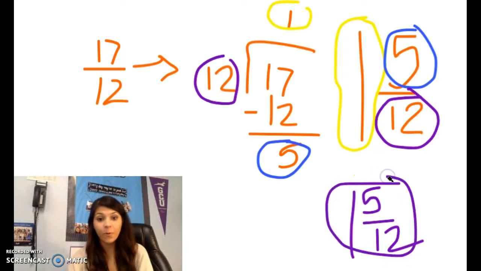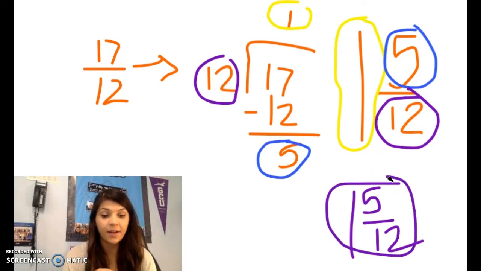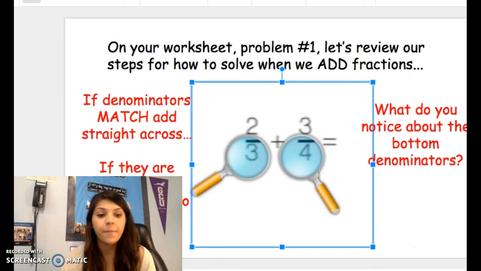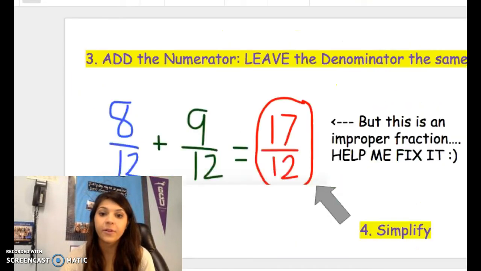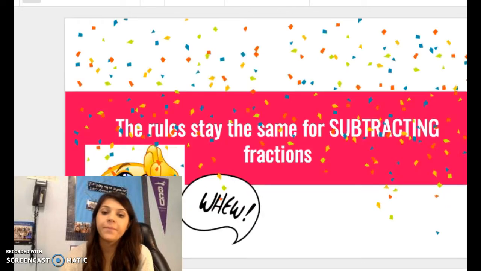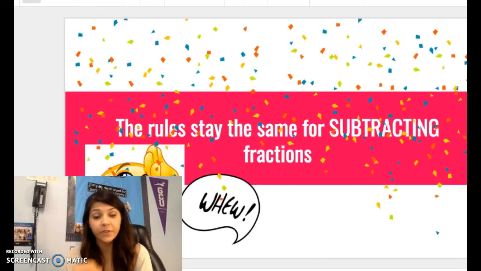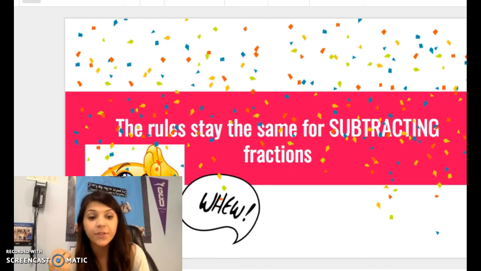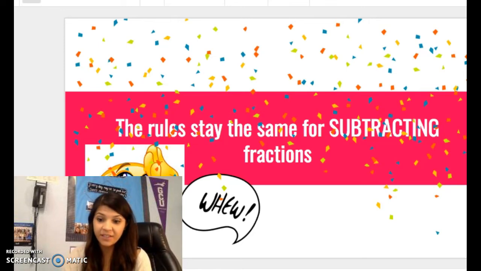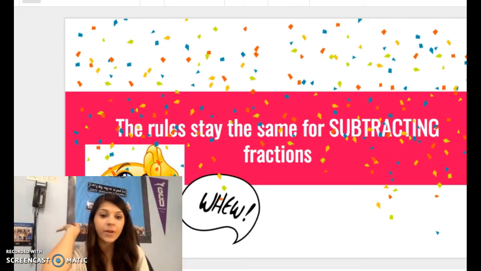Okay, so that's just one example of how to add fractions. But something I talked to my kids about earlier too is that the same rules for adding apply when we're subtracting fractions. So that's really good news. Whew, yay!